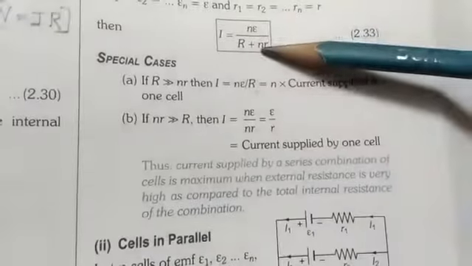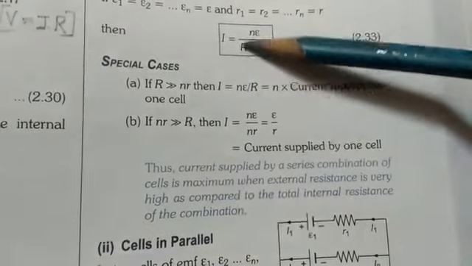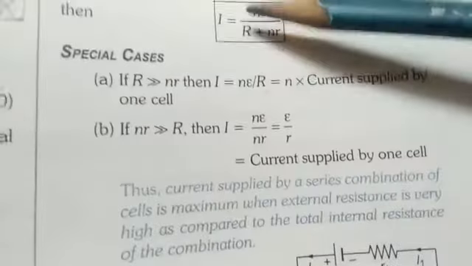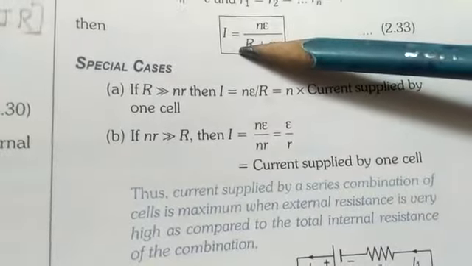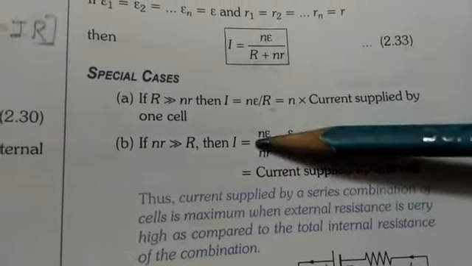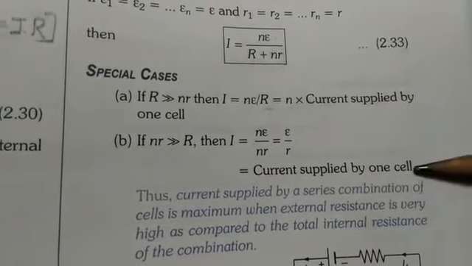Suppose nr is very much greater than R, then R can be neglected. When R is 0 here, then I equals nE upon nr, n cancels, and we get E upon r, that is the current supplied by one cell.